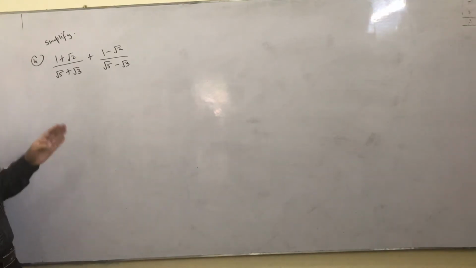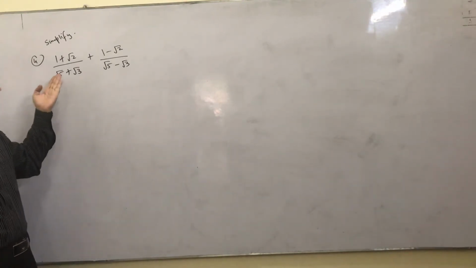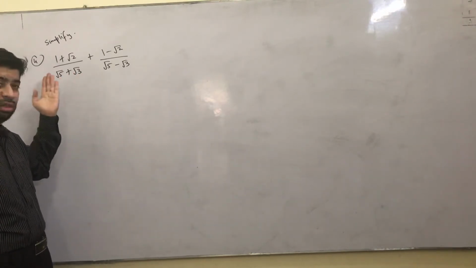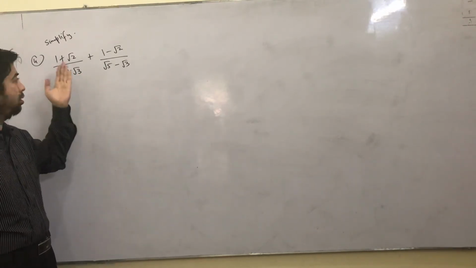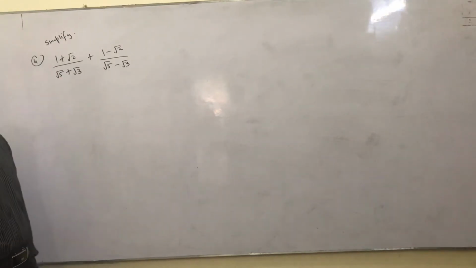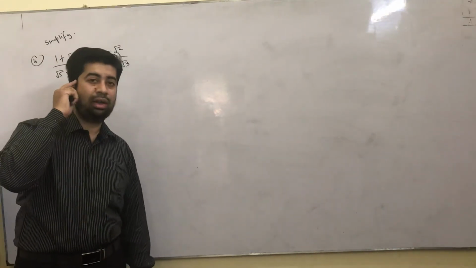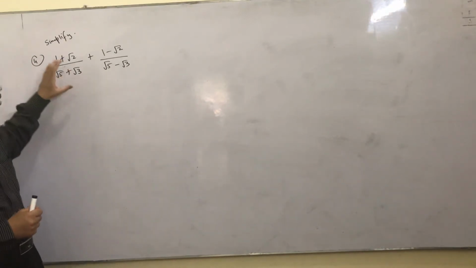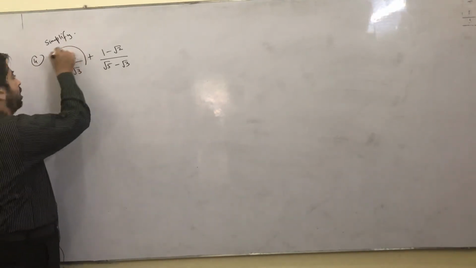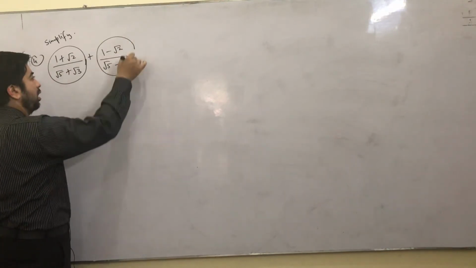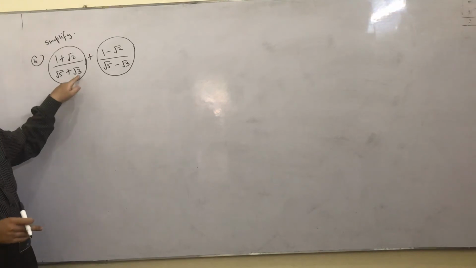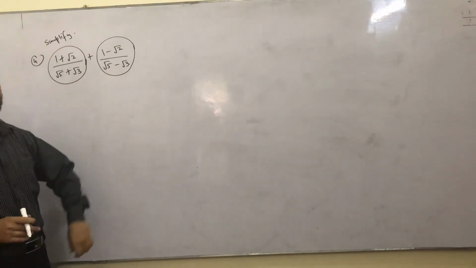It is not saying that you first have to make it rational or irrational. This is an irrational denominator, and this is an irrational denominator. Think about it: is this situation acceptable? No, it is not acceptable, because in this fraction and also in this fraction there is an irrational part in the denominator.